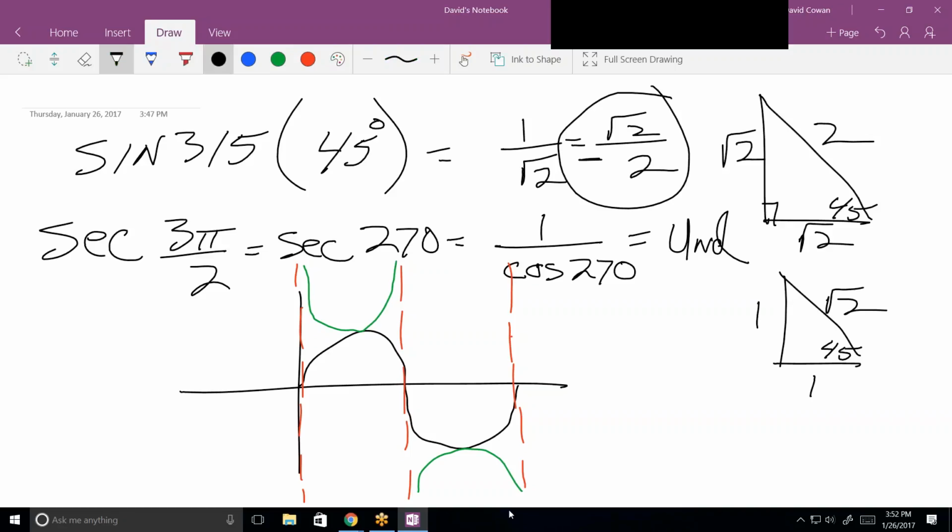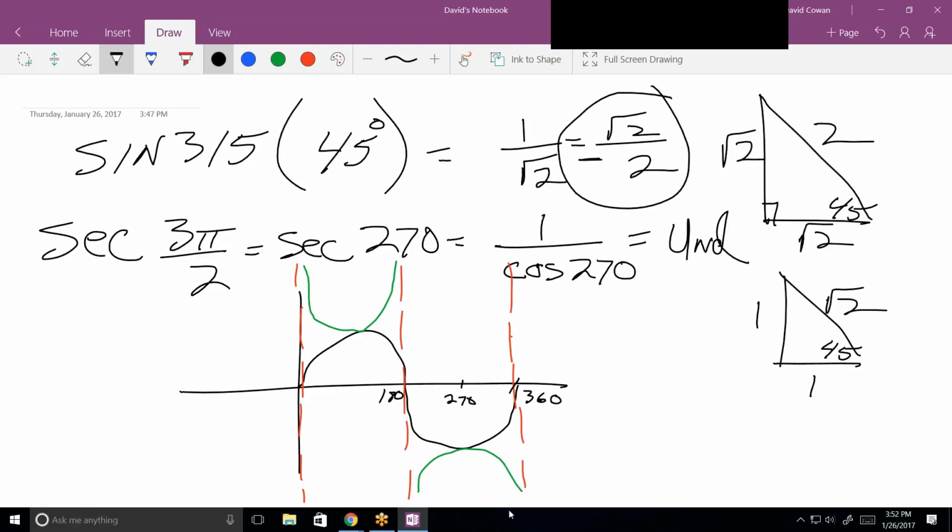And this is 180, that's 270, and that's 360. So if I'm talking about cosecant, then the cosecant of 0 is undefined, the cosecant of 180 is undefined, and the cosecant of 360 is undefined.